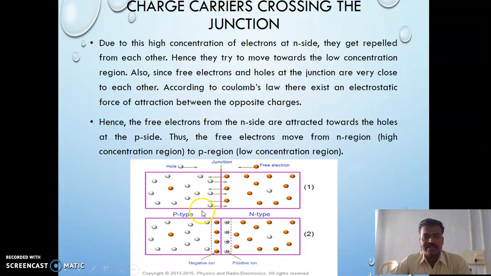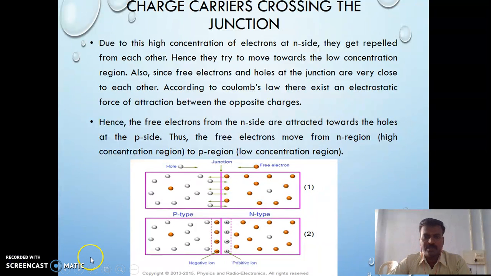Similarly, in P-type semiconductor the holes have a very high concentration, and there is an electrostatic force of attraction between opposite charges. So electrons move from N-type to P-type, and holes move from P-type to N-type. This creates a positive ion at the N-type and a negative ion at the P-type.